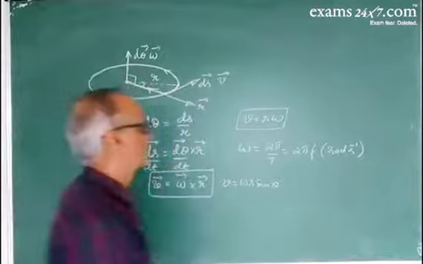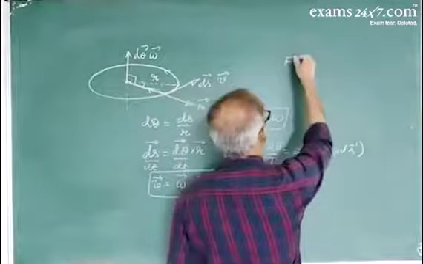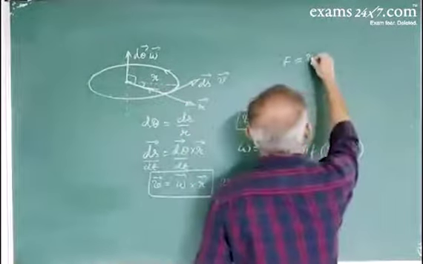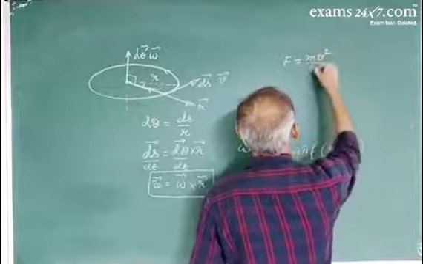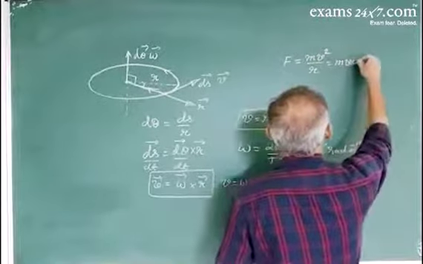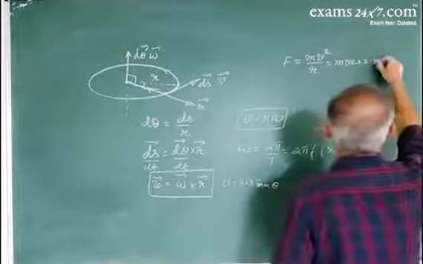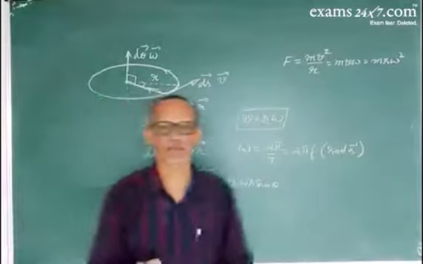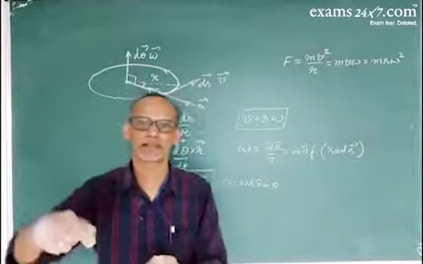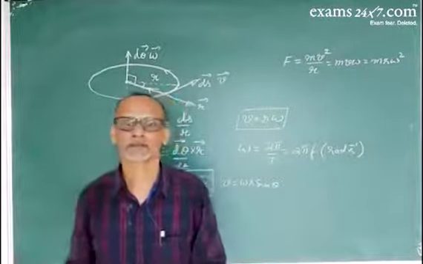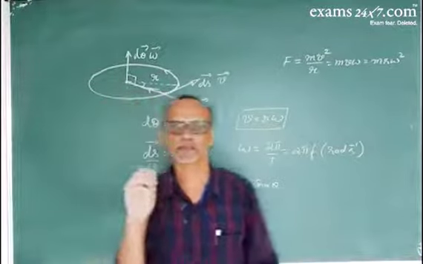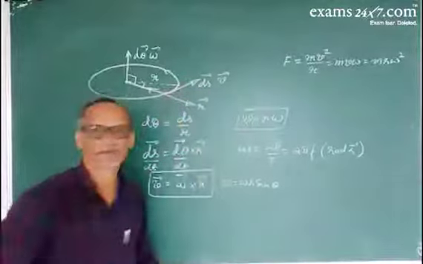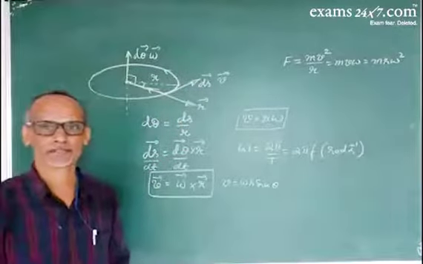And it is called centripetal force, which is given by F is equal to m v square by r, m v omega, and m r omega square. Without the centripetal force, a particle cannot revolve in the circular path. If the centripetal force vanishes, then the particle will fly off along the tangent.